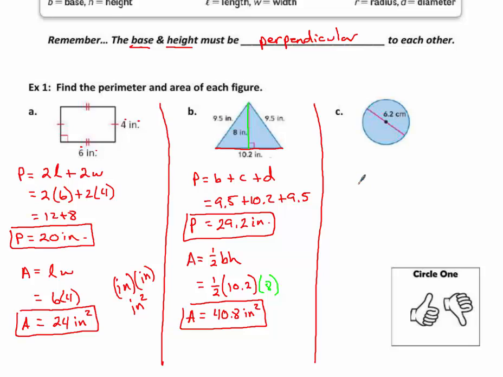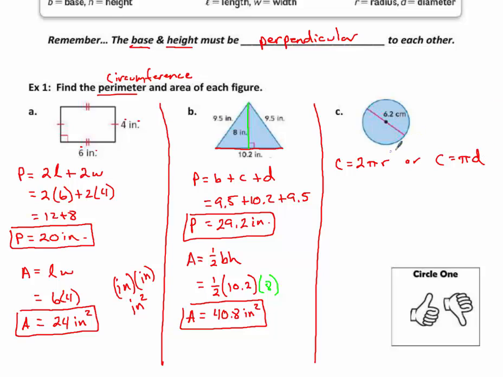And now let's do the circle. Circles are a little different in that circles don't have a perimeter. Circles have circumference. So you know with a circle, the circumference is the distance all the way around. So we look up at the top, and our formula says circumference equals 2 pi r, or circumference equals pi d.